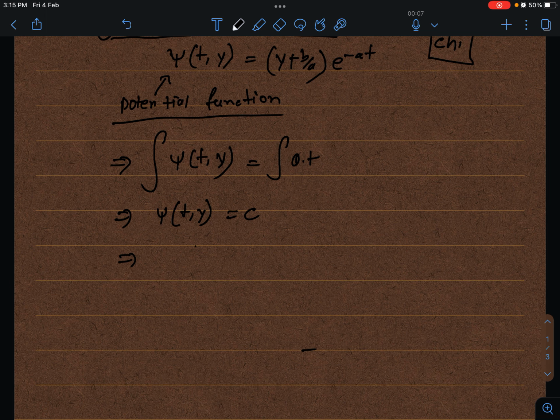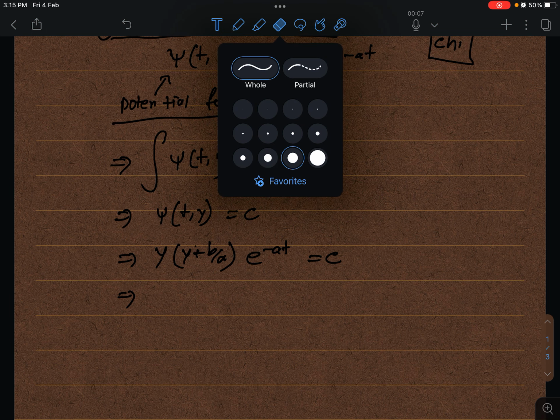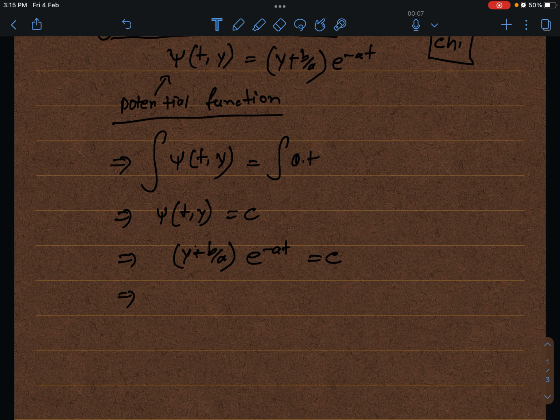And the potential function is basically y plus b by a e to the power minus at equals c. So if you multiply both sides of the equation by e to the power at, then we have, sorry, made a mistake. Yep. So we have y plus b by a equals c e to the power at. So we have y equals c e to the power at minus b by a.